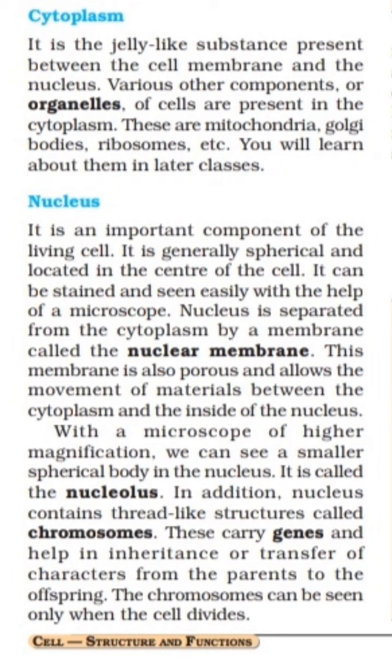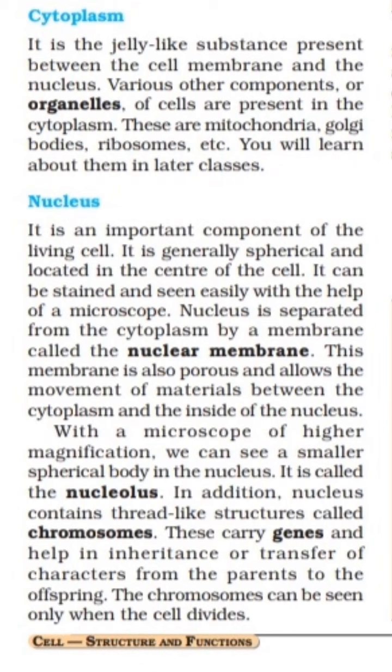The chromosomes can be seen only when the cell divides. And what is the work of the chromosomes? They carry the genes and help in inheritance, वारसा. जसं की आपल्याला आपल्या वडिलोपार्जित काहीतरी आपल्याला मिळतं, जशी जमीन वगैरे मिळतं, त्या पद्धतीने आपल्याला वडिलांकडून आईकडून जे कॅरेक्टरिस्टिक्स मिळतात. सपोज की आपल्या वडिलांचे कुरळे केस असतील तर आपले सुद्धा असतील, किंवा आईचे असतील तर आपले असतील, डोळ्यांमध्ये साम्य असेल, that type.